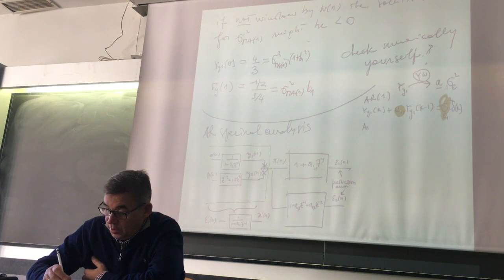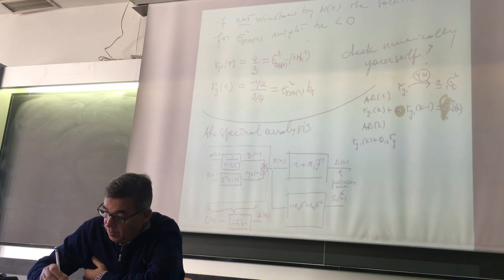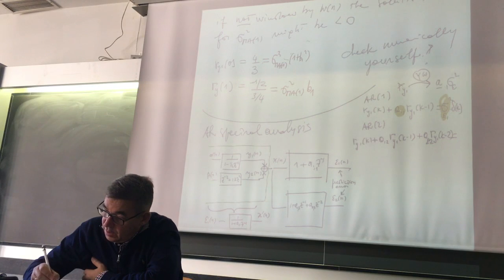Okay, for autoregressive order 2, I do similarly: Ry1 k plus A12 Ry1 k minus 1 plus A22 Ry1 k minus 2 is equal to sigma square epsilon 2 times delta k.